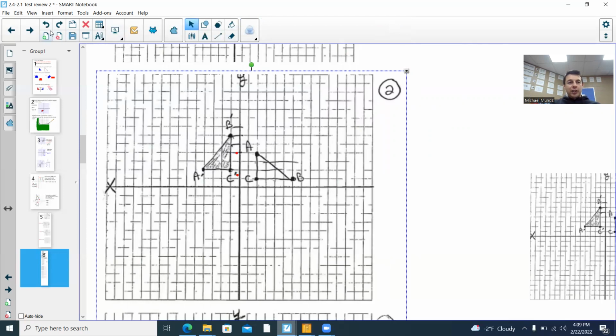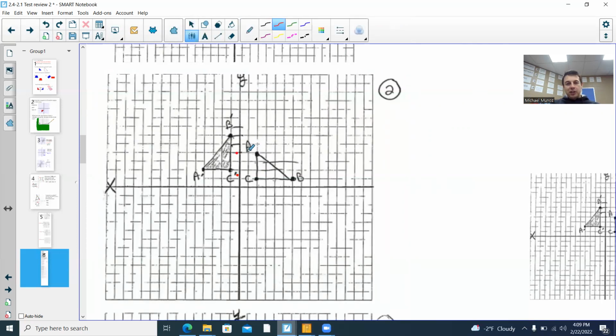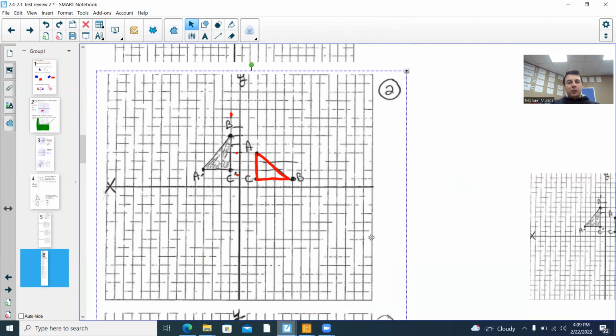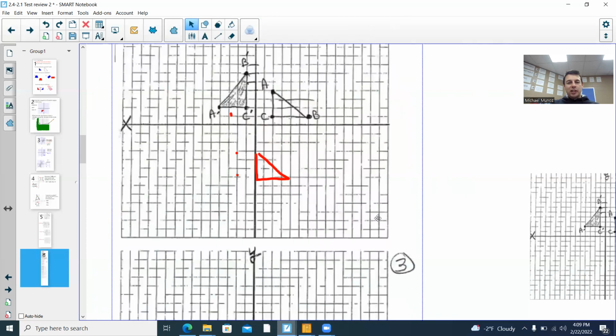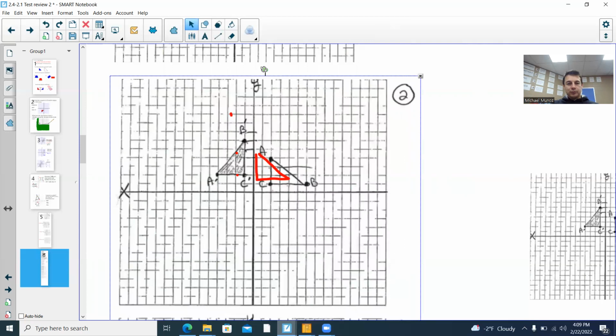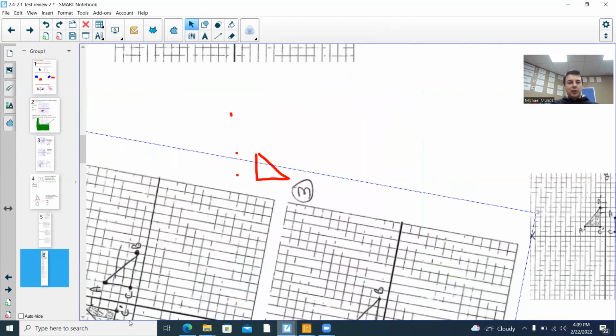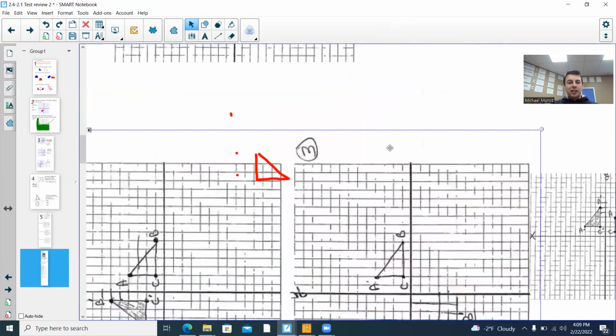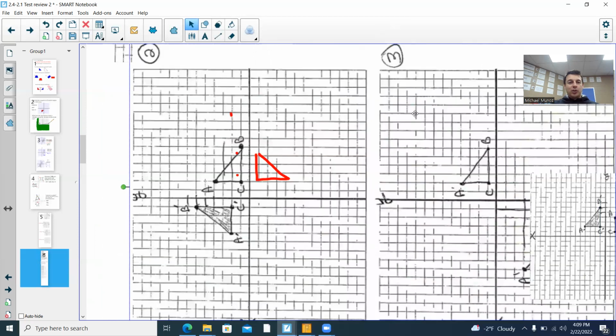Remember, we are starting at the non-shaded one. I know this because there's no apostrophes here, and these ones have the apostrophes. So it's starting off in this triangle right here. So for this one, you can eyeball it and you can double check by rotating your paper and seeing if it were to line up.